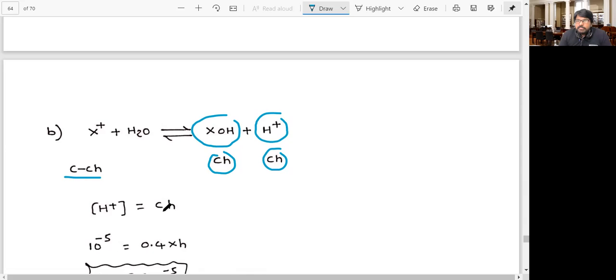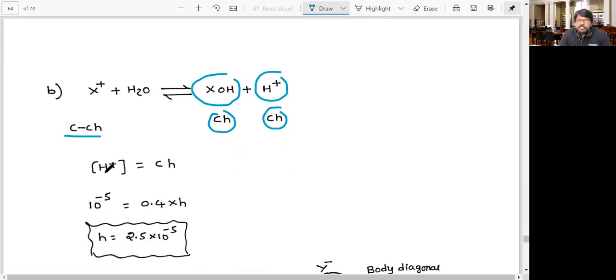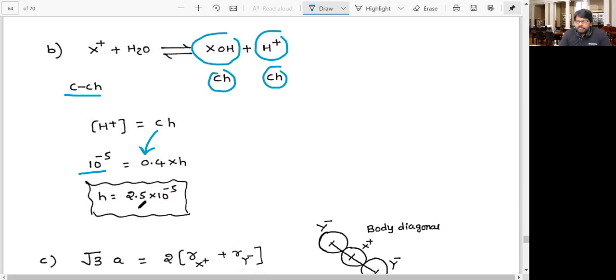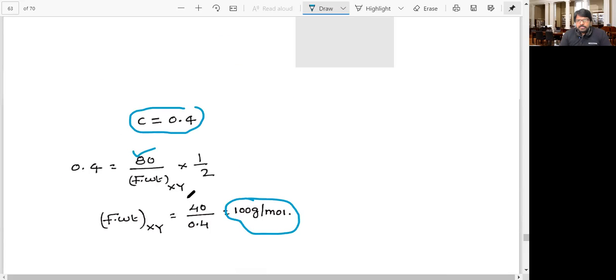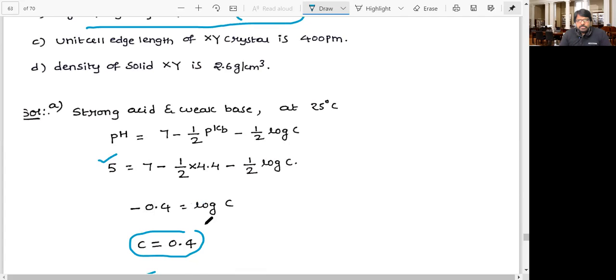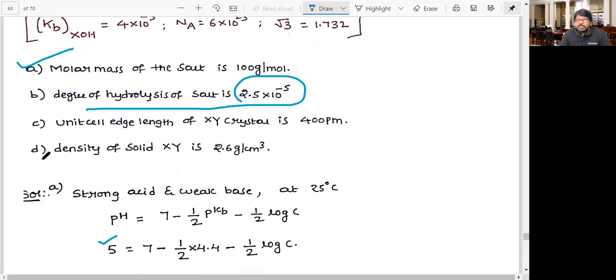What is the pH given? 5. pH is 5 means the H plus ion concentration will be 10 power minus 5. Concentration we have just calculated, 0.4. And the degree of hydrolysis will be 2.5 into 10 power minus 5. So 2.5 into 10 power minus 5 is the degree of hydrolysis we got. So what is the given option? Let me check. If it is 2.5 into 10 power minus 5, yes, so this is correct. And the unit cell edge length we have to find.